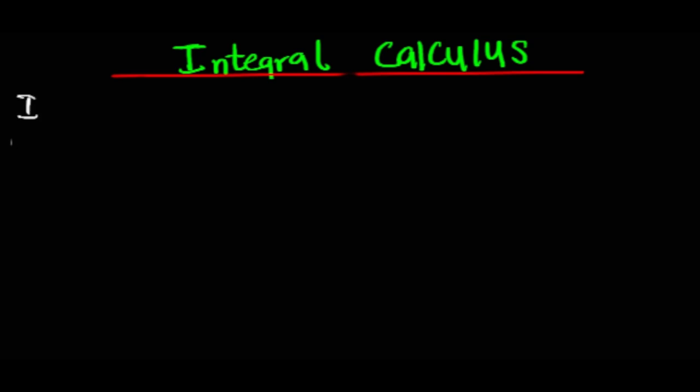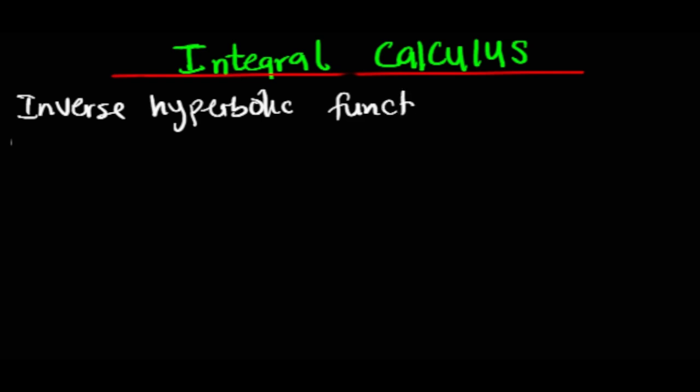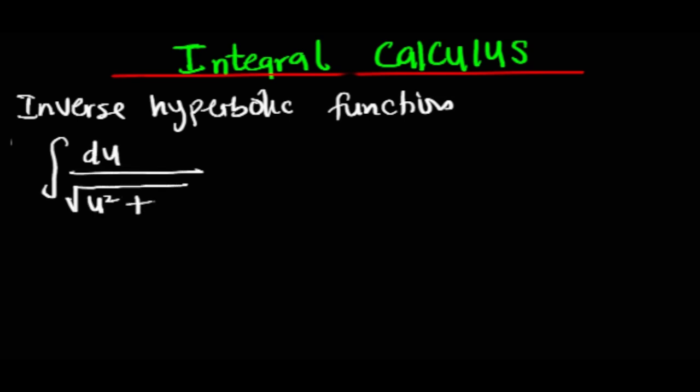Under the inverse hyperbolic functions, we have 3 rules actually. The first one is when you're given the integral of du divided by the root of u squared plus a squared.